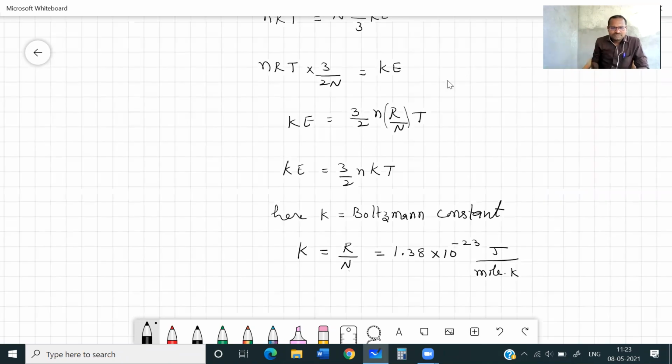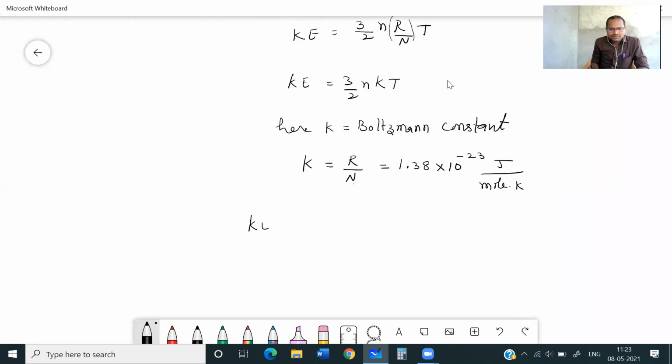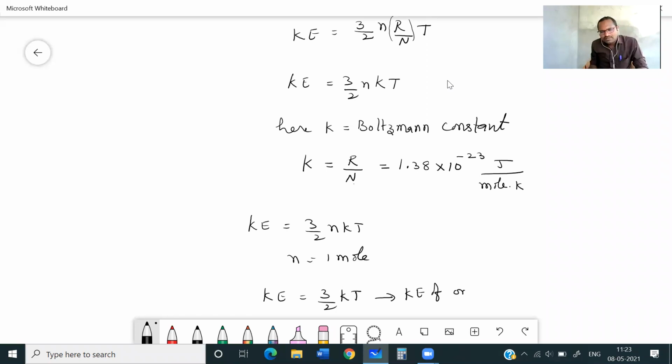Now Ke is equal to 3 by 2 NKT. For N equal to 1, Ke is equal to 3 by 2 kT. This is the kinetic energy of one molecule of a gas.